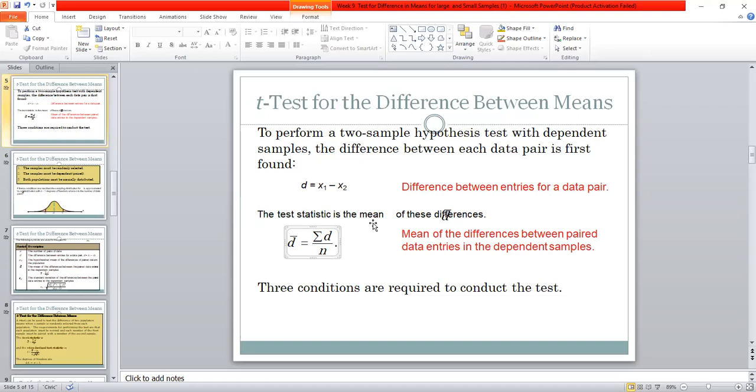So I want to ask you a question to check whether what you are writing is correct. What is mu D when the null hypothesis is true? What's the null hypothesis?